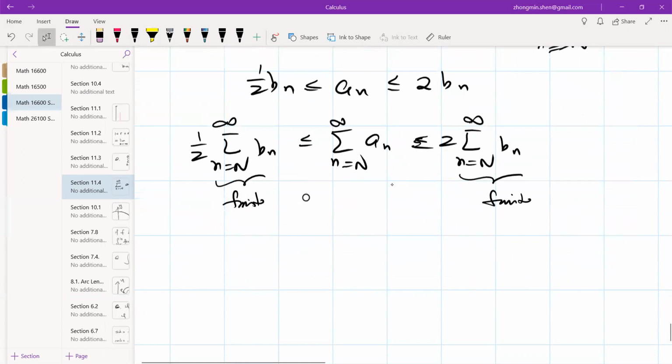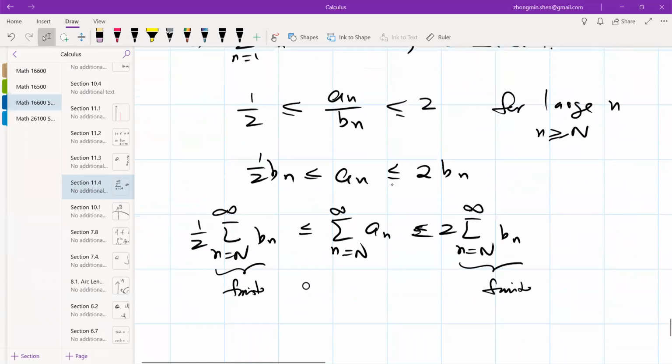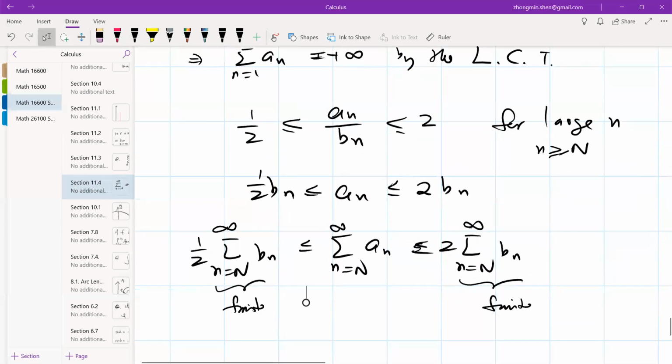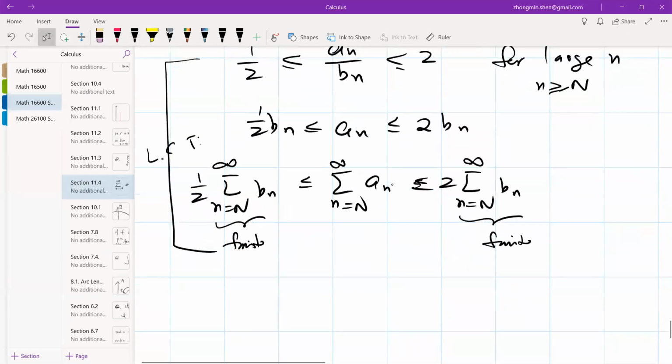So just call that test the limit comparison test. Otherwise, you have to repeat the detailed argument, but you don't need to record this.